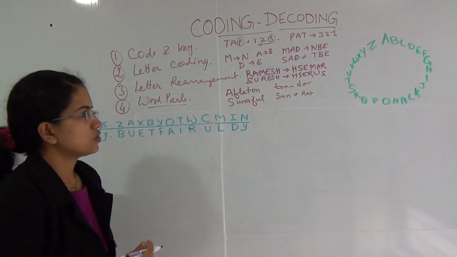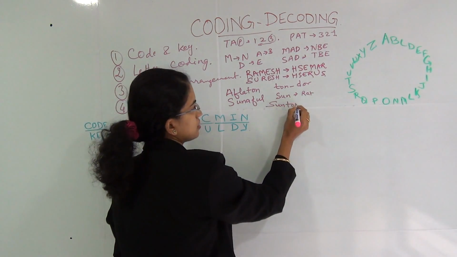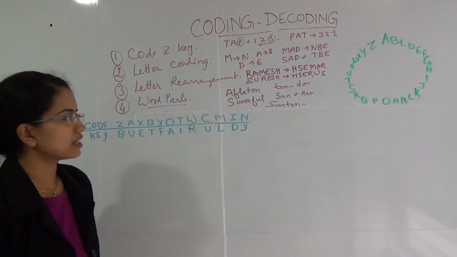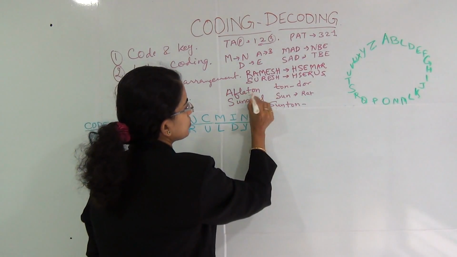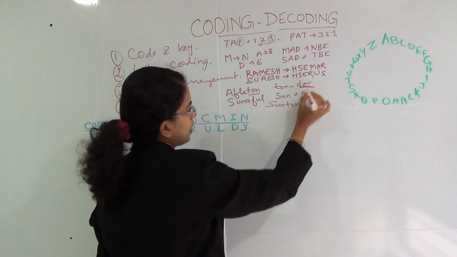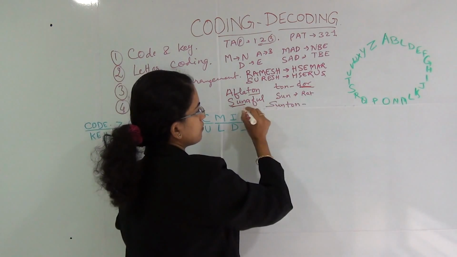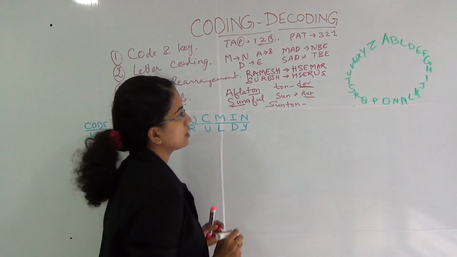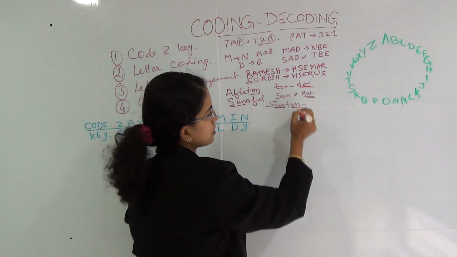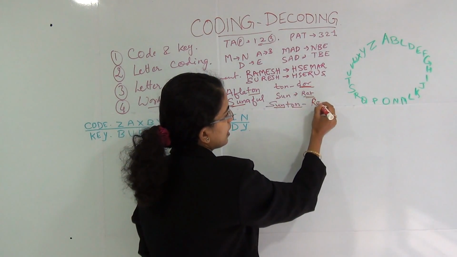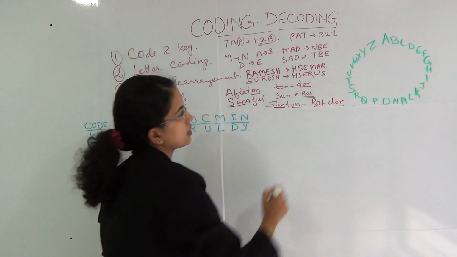So if I have a next word which is named Santan, what would be the code for it? From this word Aflatun, I am using Tun and coding it as DOR. From Sunapul, I am taking SUN and converting that into RAT. So if I have a combination of these two, SUN and TUN, what would they become? They would become RAT and then TUN becomes DOR. So it would be this.